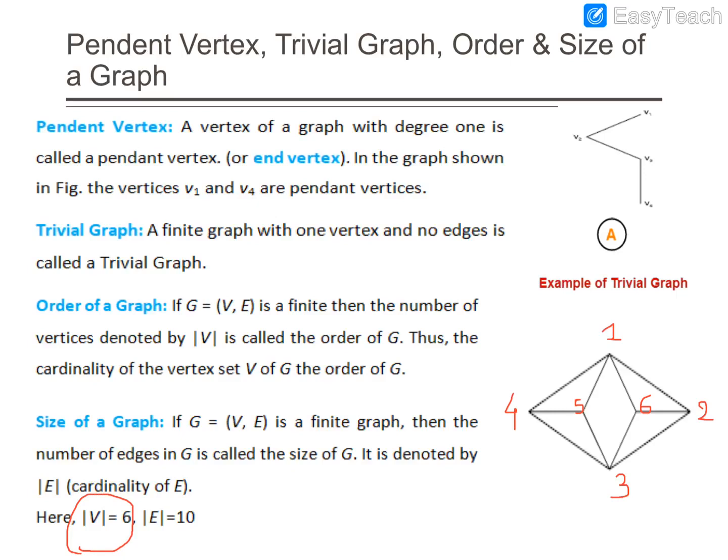And here the number of edges is 1, 2, 3, 4, 5, 6, 7, 8, 9 and 10. So the number of edges is 10, that is, the cardinality of E is equal to 10, which is the size of our given graph.